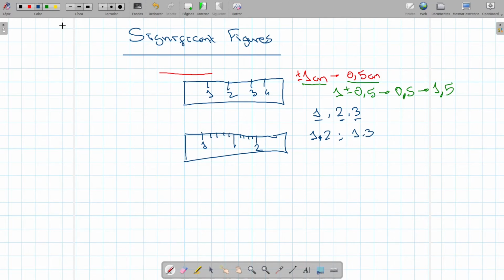Again, here we could say that, for example, this is 1.3 plus minus half of the precision, which is 0.05. But our significant figures are 2 because I can measure with that precision.